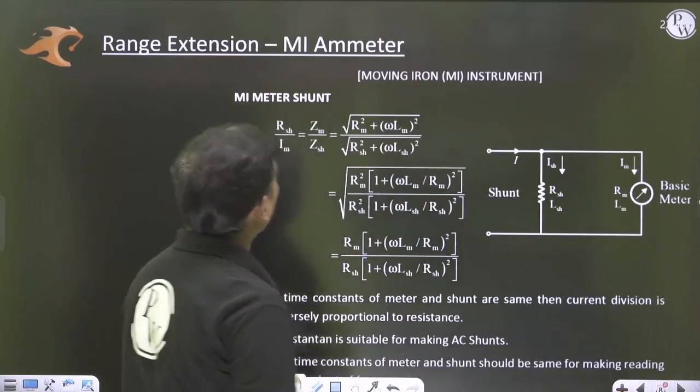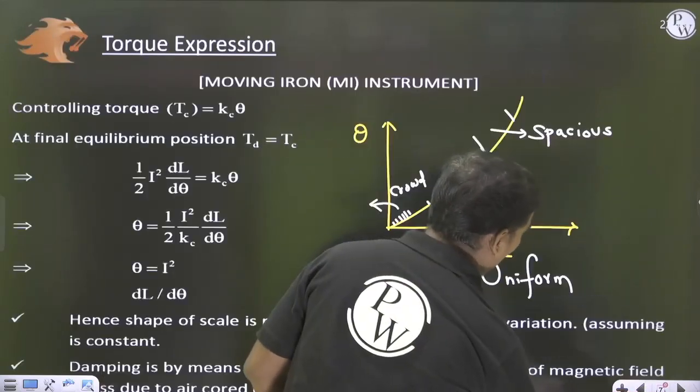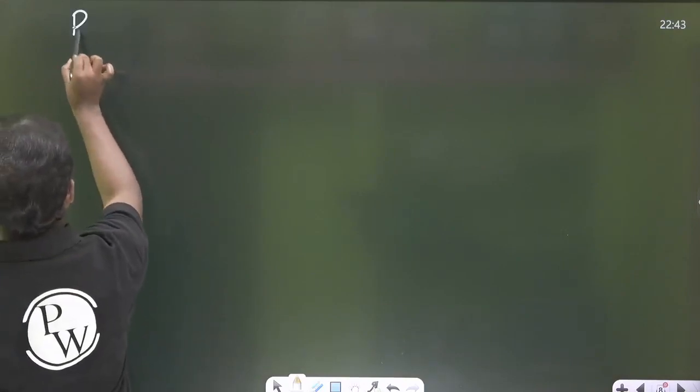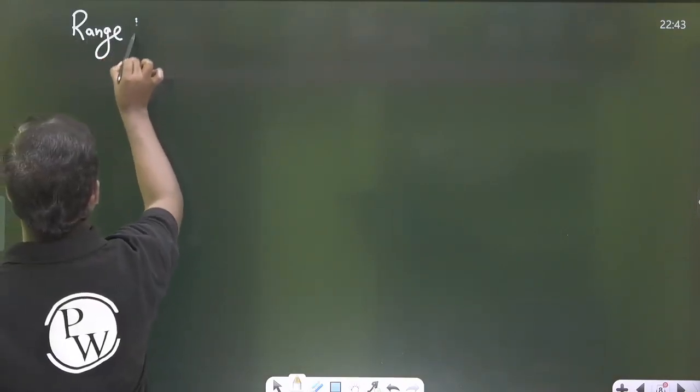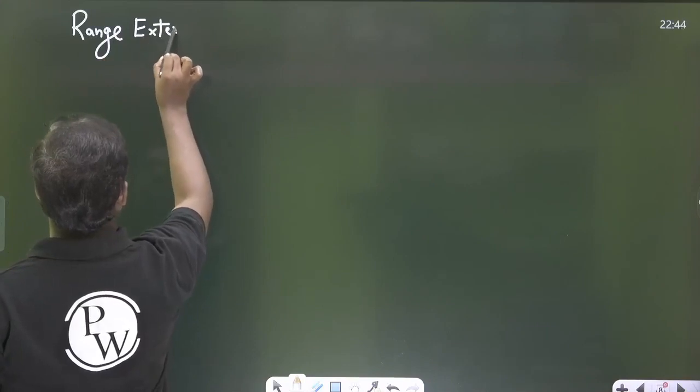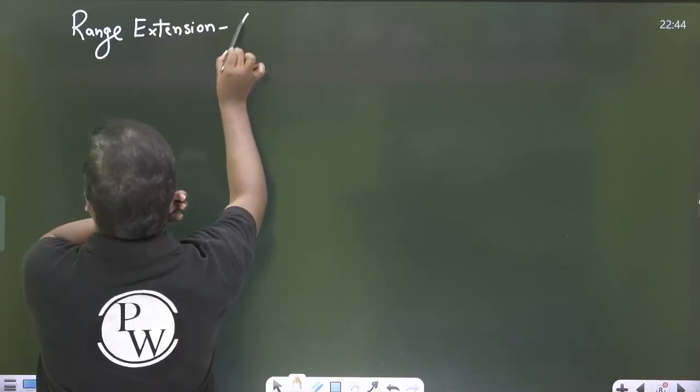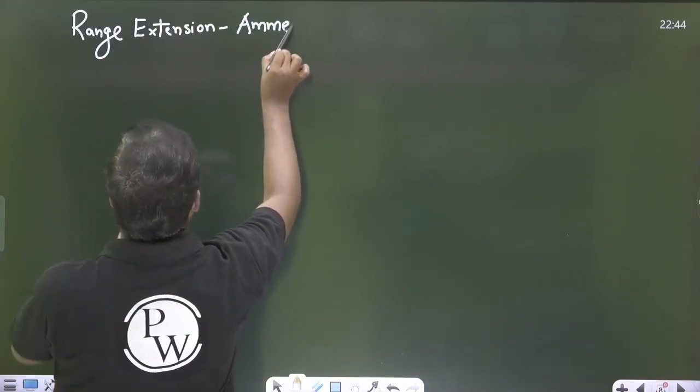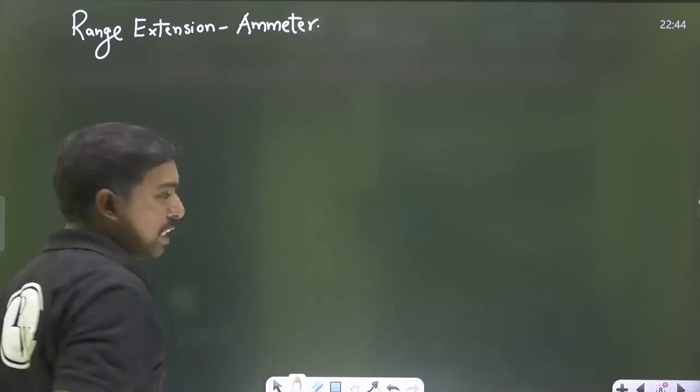Now coming to the range extension, as I told you how to represent the moving iron. So to represent the moving iron, I will tell you the range extension of the moving iron. Range extension as ammeter first. How to represent it as an ammeter?